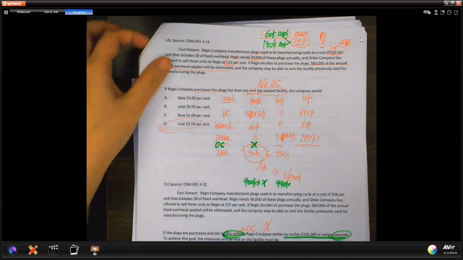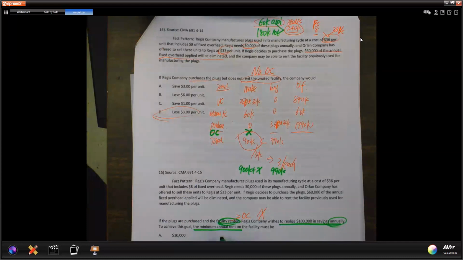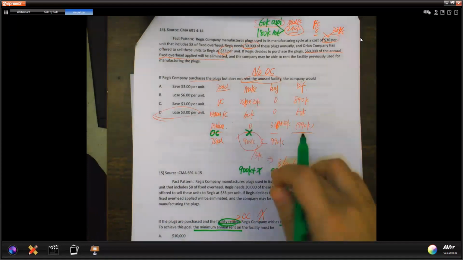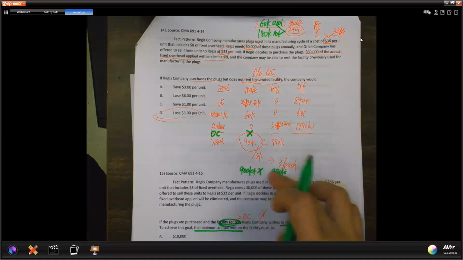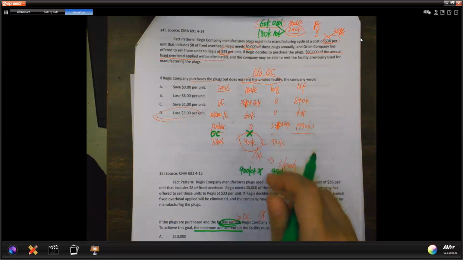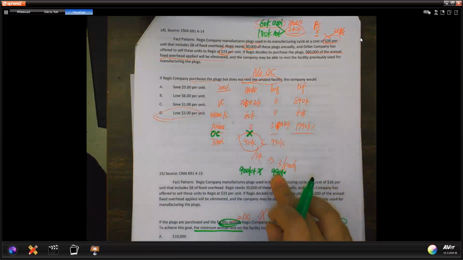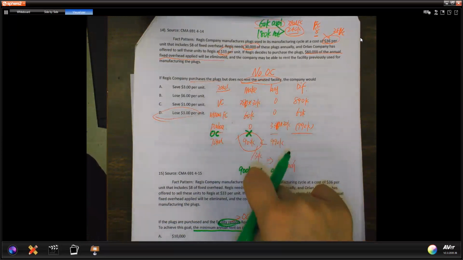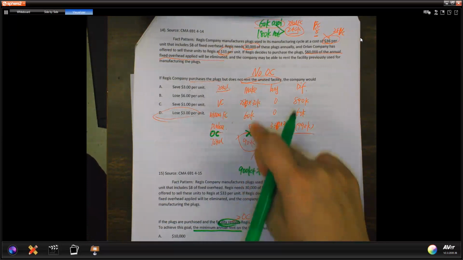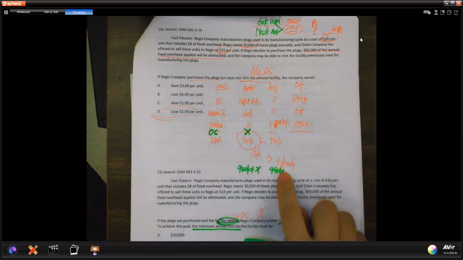And the question said you want to rent out the space and you want to earn 100,000 saving every year. What does that mean? That means your buy situation total cost will be $100,000 lower than the total cost of make, because you want a saving under buy.